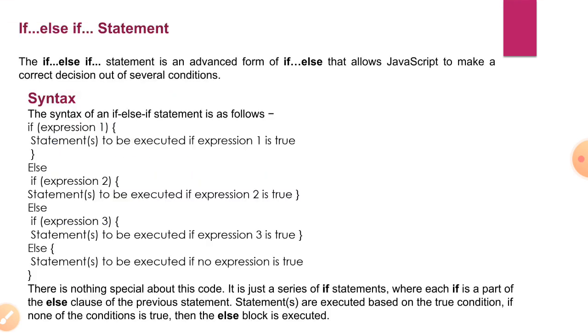And next we have the if-else if statement. The if-else if statement is an advanced form of the if-else that follows JavaScript. It makes a correct decision out of several conditions.